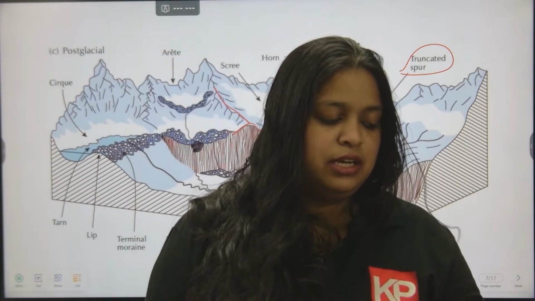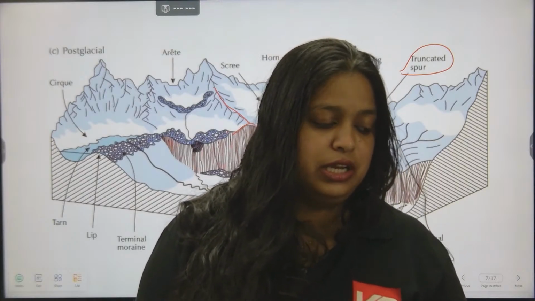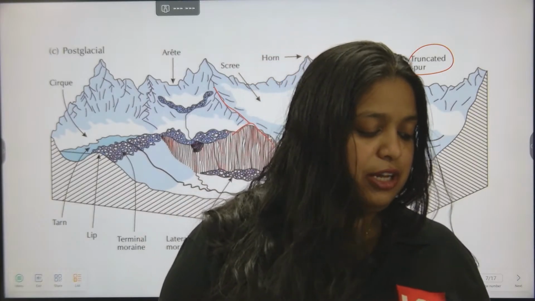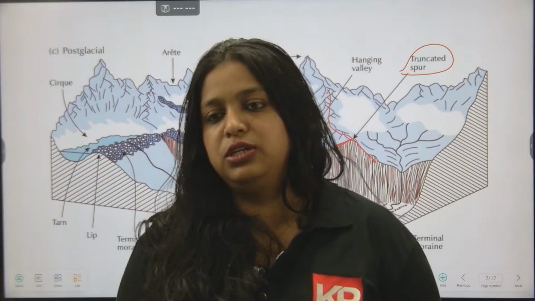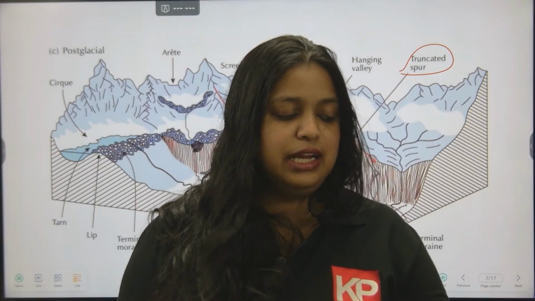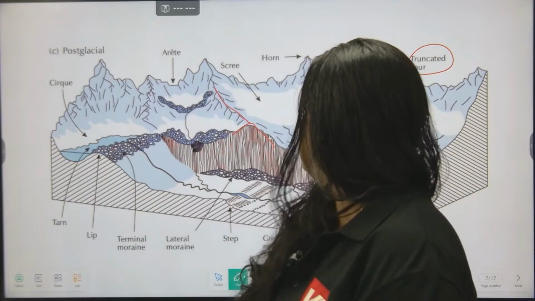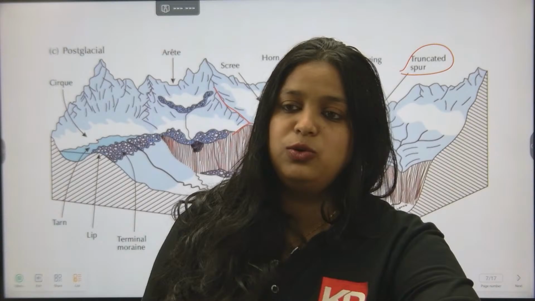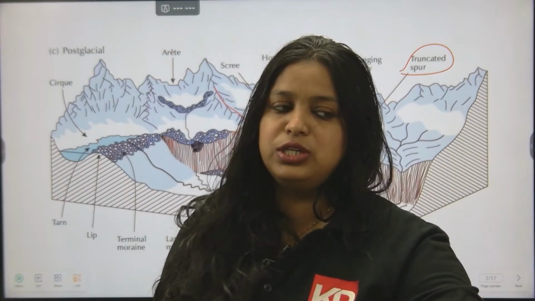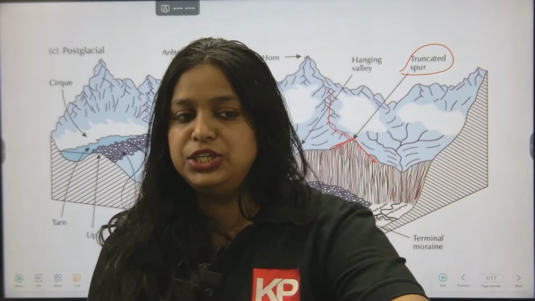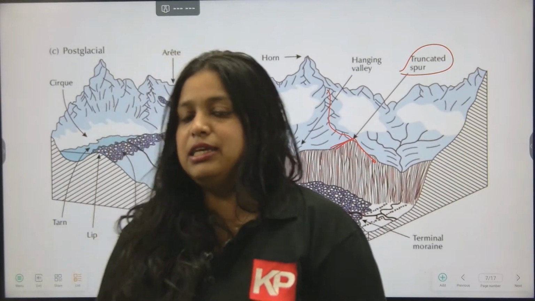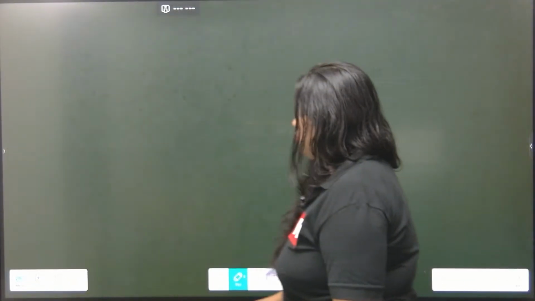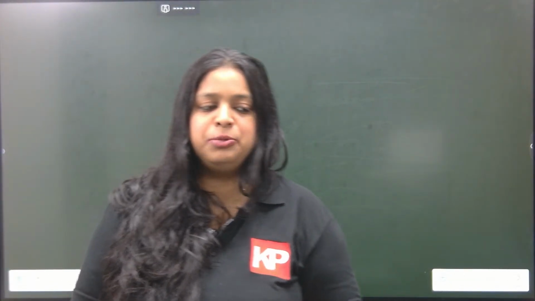The definition was: the steep-sided lower part of ridges that have been carved into triangular facets by glacial erosion. That's what is shown in the picture. These are the landforms associated with erosional activity of a glacier. Now when it comes to deposition, a glacier deposits sediments.